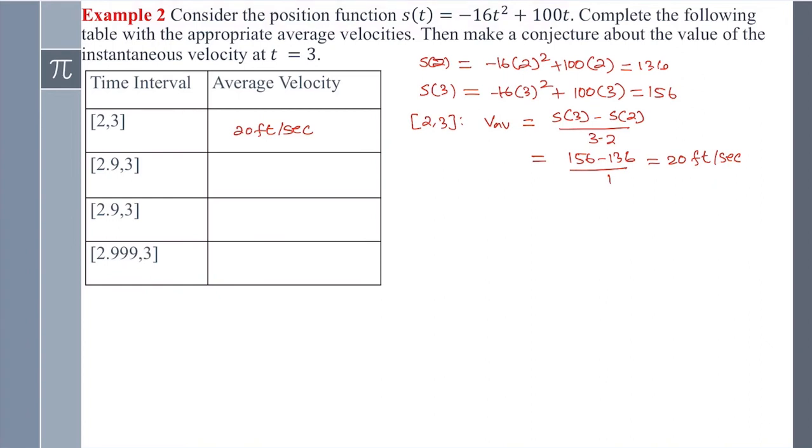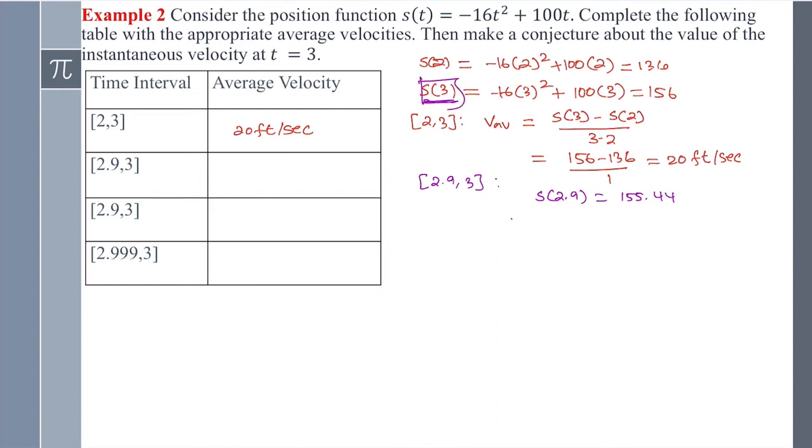So let's find it on the interval 2.9 and 3. I'm not going to show you all the work. I have already calculated s of 2.9, so you can just plug it into the function. I got 155.44, and s of 3 is already here, so we'll use that.